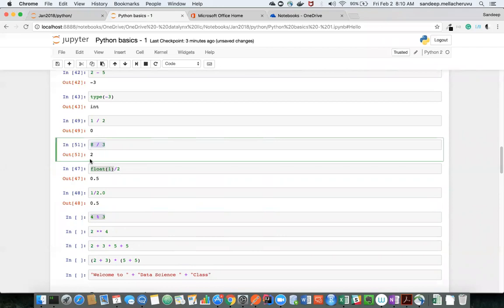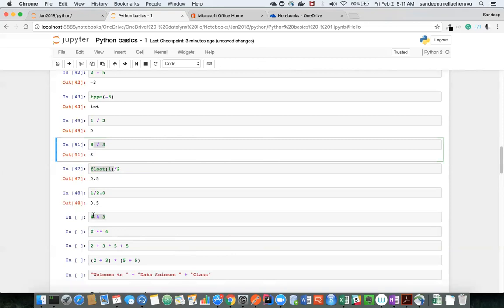This is called quotient because you can do 2 times 3 is 6. You are still left with a remainder of 2. So you are only getting the quotient when you are doing an integer division.